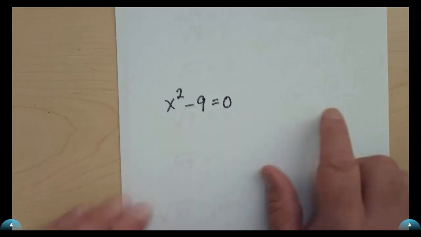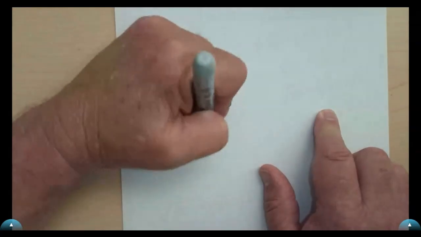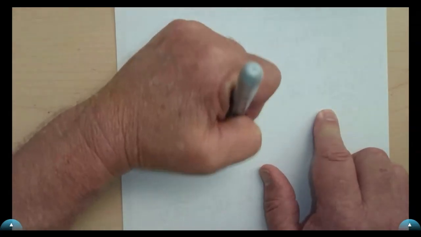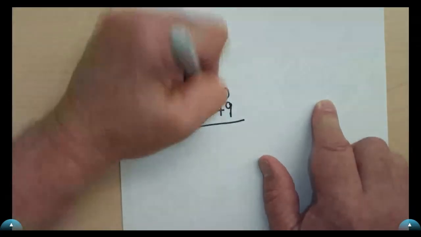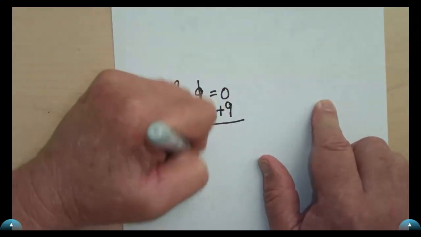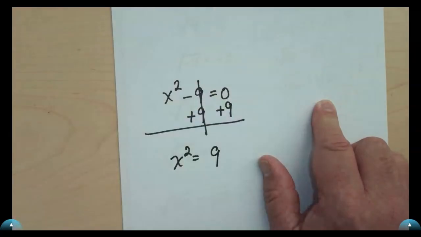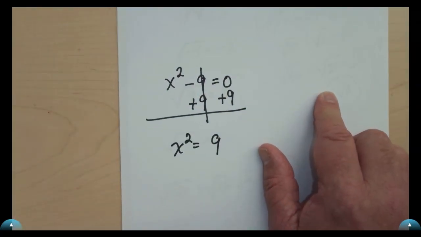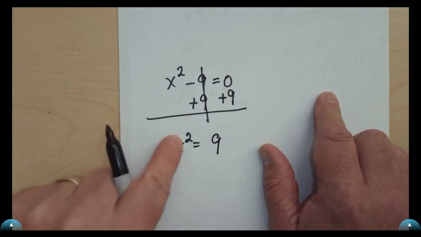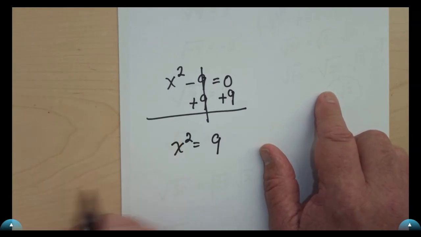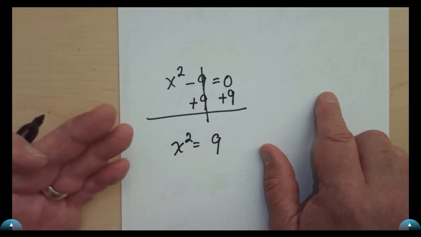What if I add 9 to each side? That gives me x to the second power equals 0 plus 9, which is 9. Now, I'm not trying to figure out what x to the second power is equal to. I'm trying to figure out what number x is.